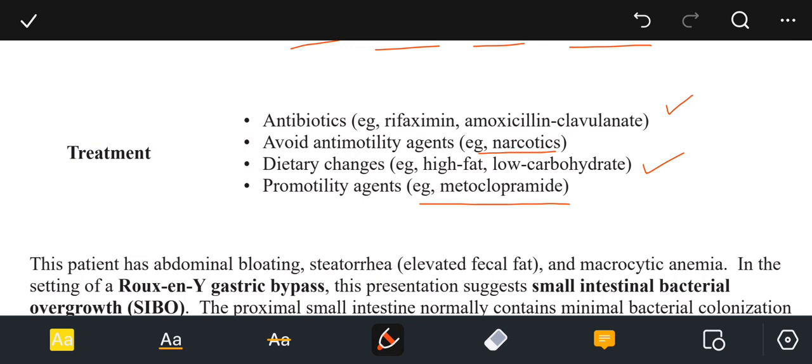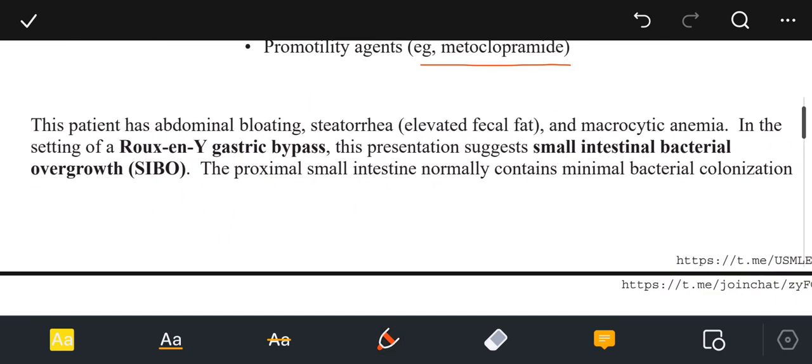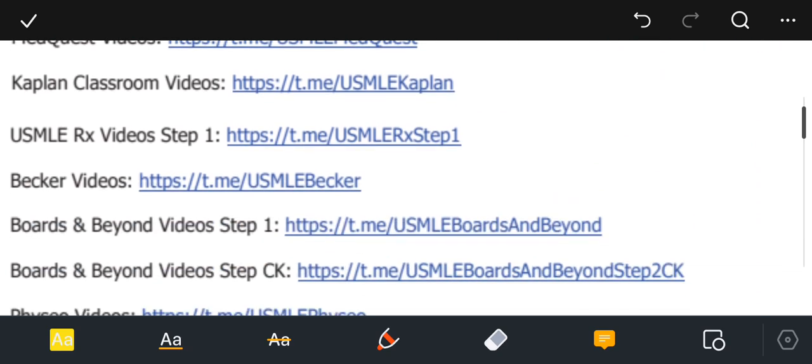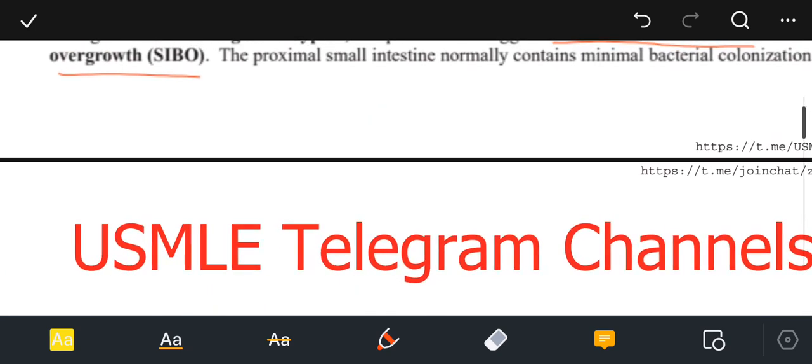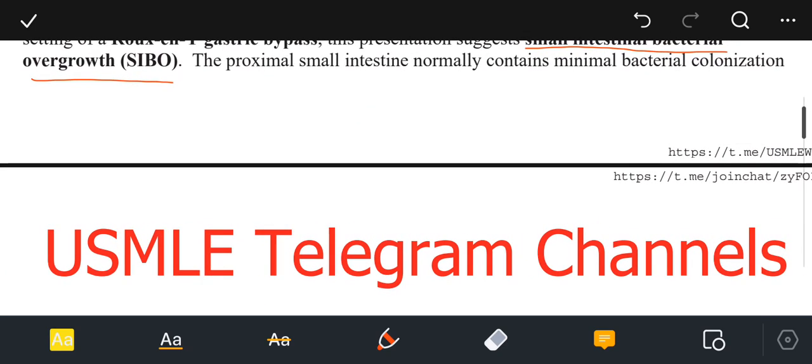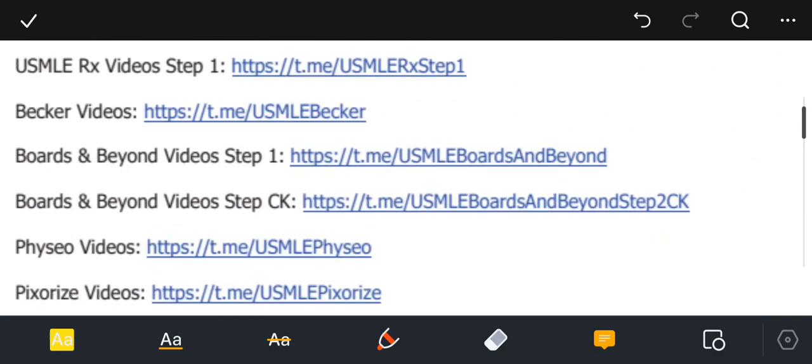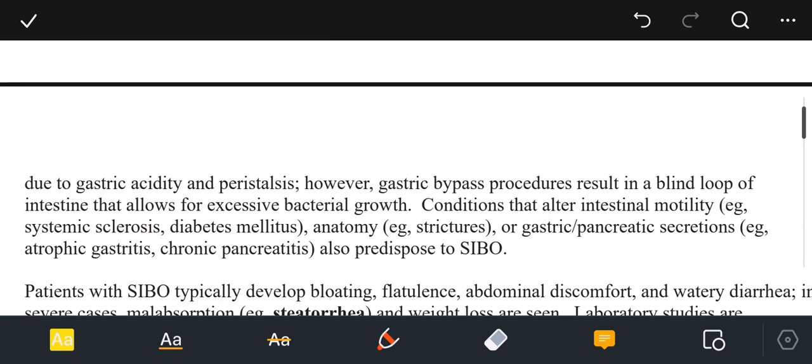The patient has abdominal bloating, steatorrhea, elevated fecal fat, and macrocytic anemia. In the setting of Roux-en-Y bypass, the presentation suggests small intestinal bacterial overgrowth, that is SIBO. The proximal small intestine normally contains minimal bacterial colonization due to gastric acidity and peristalsis.